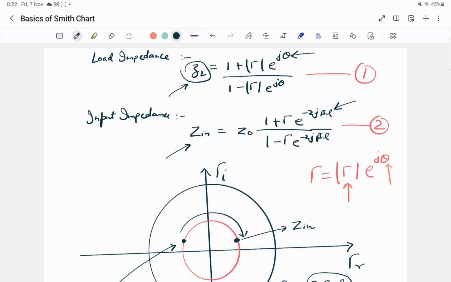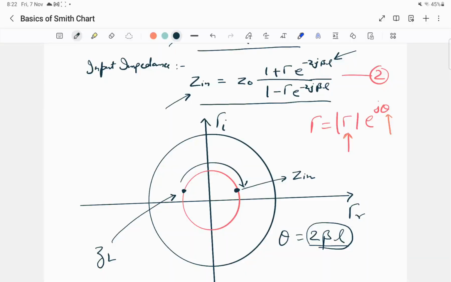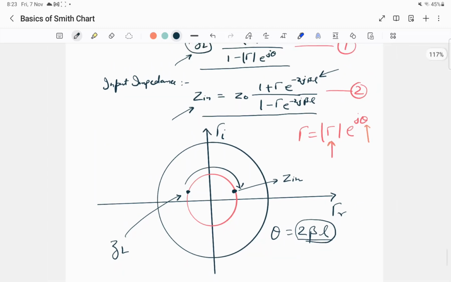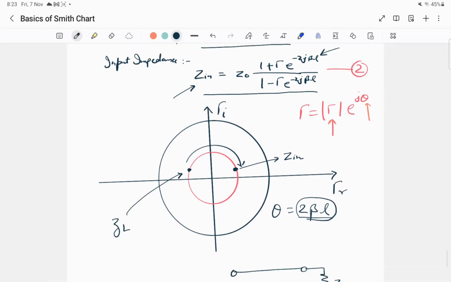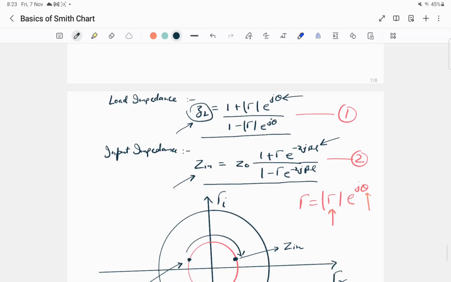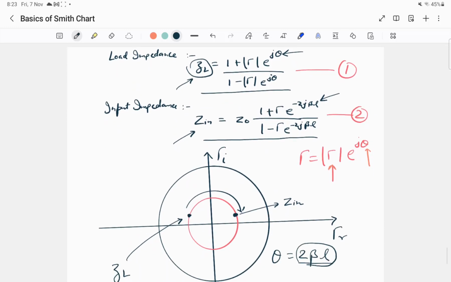Therefore these two relations tell you how, in the same reflection coefficient circle, you can find the load impedance as well as the input impedance just by moving an angle of 2 beta L in the clockwise direction. I hope this concept is clear to you, because this is one of the most important things which is usually asked in a GATE question.